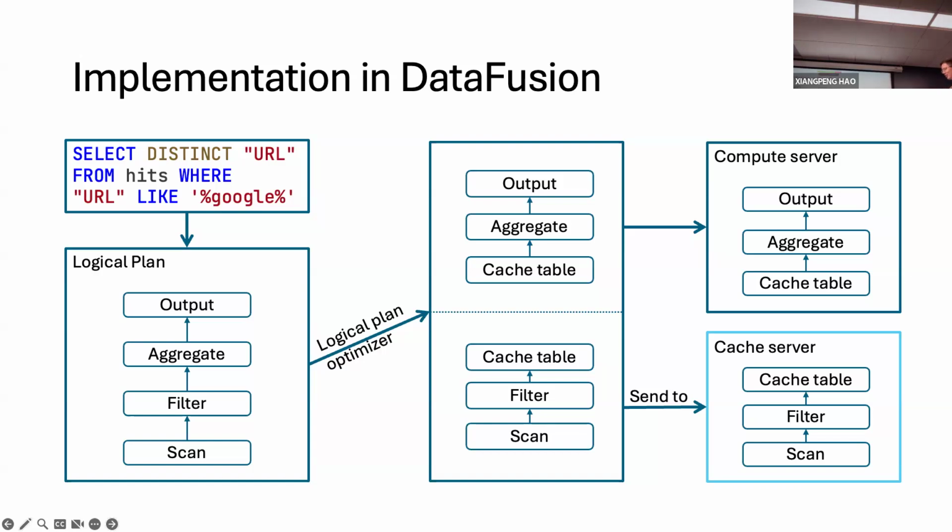I think the goal is to make it off the shelf. I want to make a DataFusion cache crate which you can download and then modify 10 lines of code, and then you can use it. But as you mentioned, in many real world cases people do a lot of crazy things.